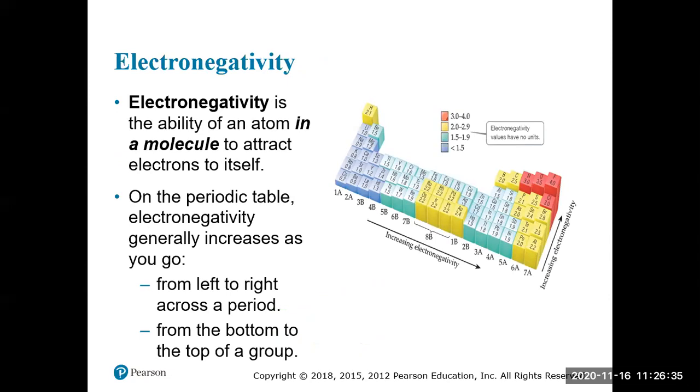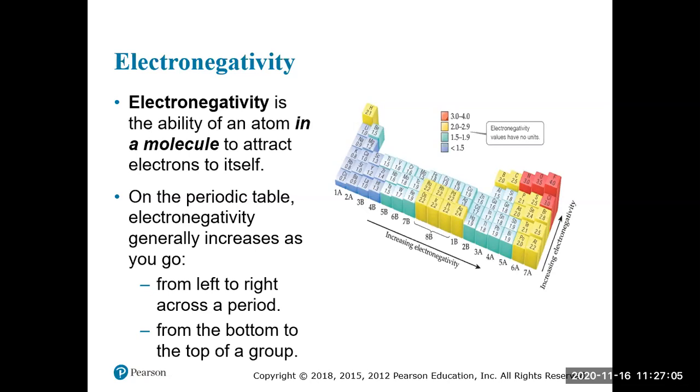One way that we express this ability to draw electrons towards a particular element is the concept of electronegativity. Electronegativity is a really key thing in understanding polarity, and understanding polar molecules and polar bonds and nonpolar ones. So this version of the periodic table that you see in this plot here is really important.